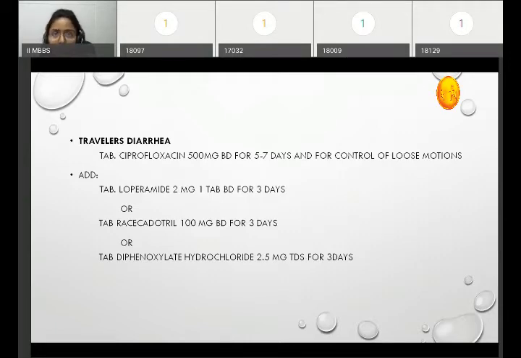It is to control the loose motions. And again, you can add additional anti-motility drugs or anti-secretory drugs. So this is the treatment of traveler's diarrhea. So while writing single drug therapy, you have to write a tablet antimicrobial drug, along with it some anti-motility drug.